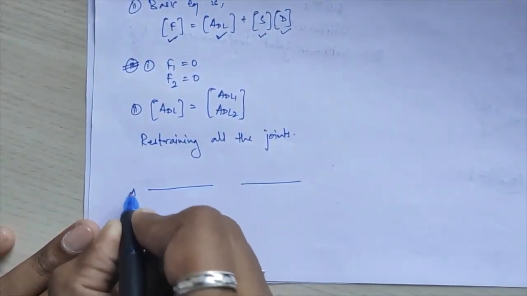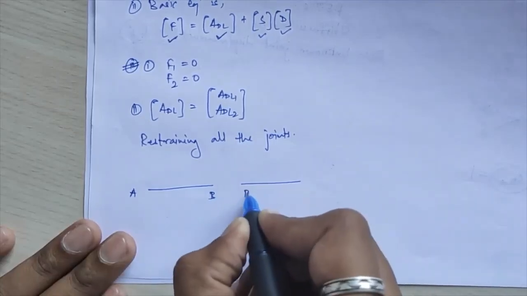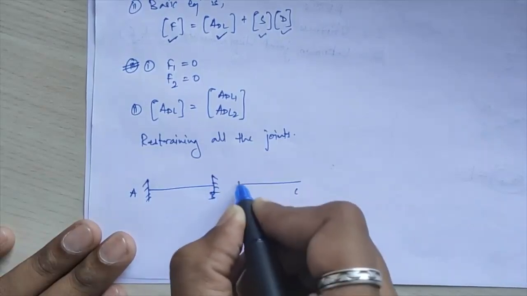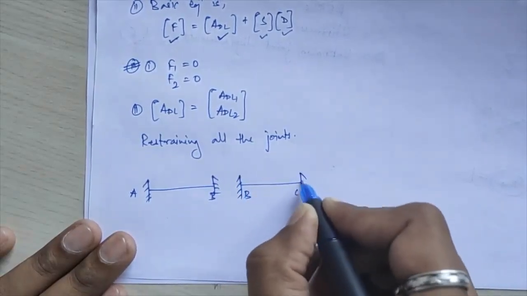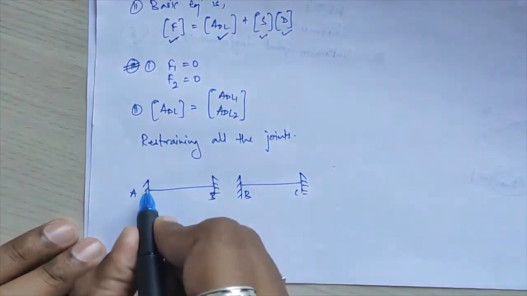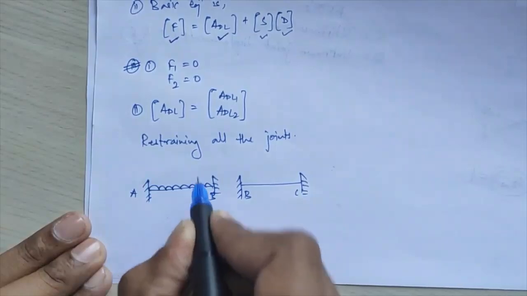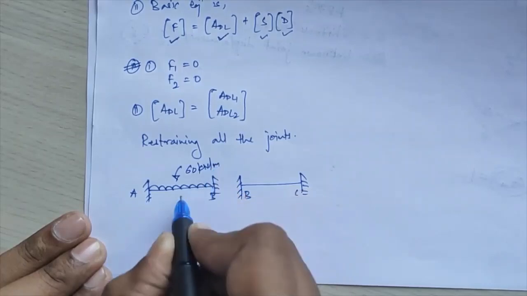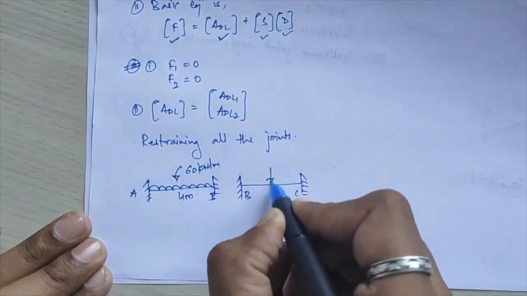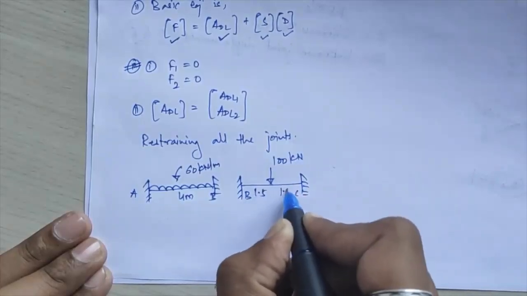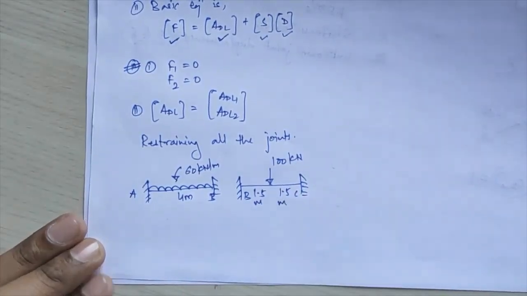I am having my first member as AB and second member as BC, and I will restrain all the joints here. For this, whatever loading is given to you, I will show here. Here I am having a UDL of 60 kilonewton per meter over 4 meter, and here a point load of 100 kilonewton, 1.5 and 1.5 meter apart.